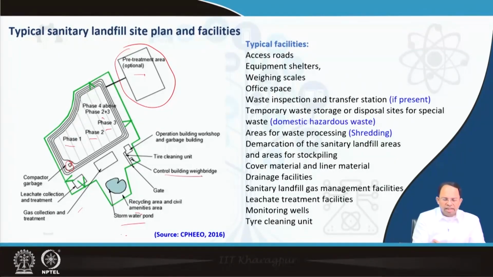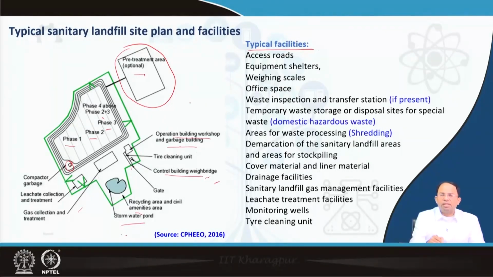And we have a control building, weighbridges for weighing the vehicles, and an entry gate. There is an operational building, a workshop where repairs could be done, a garbage building where some other processing could be done, and so on. So these are typical facilities within a landfill site.